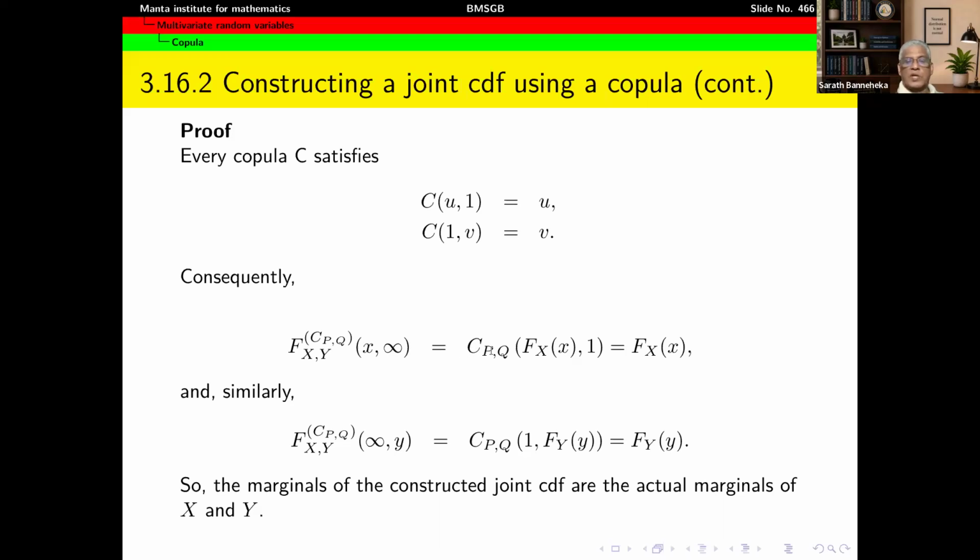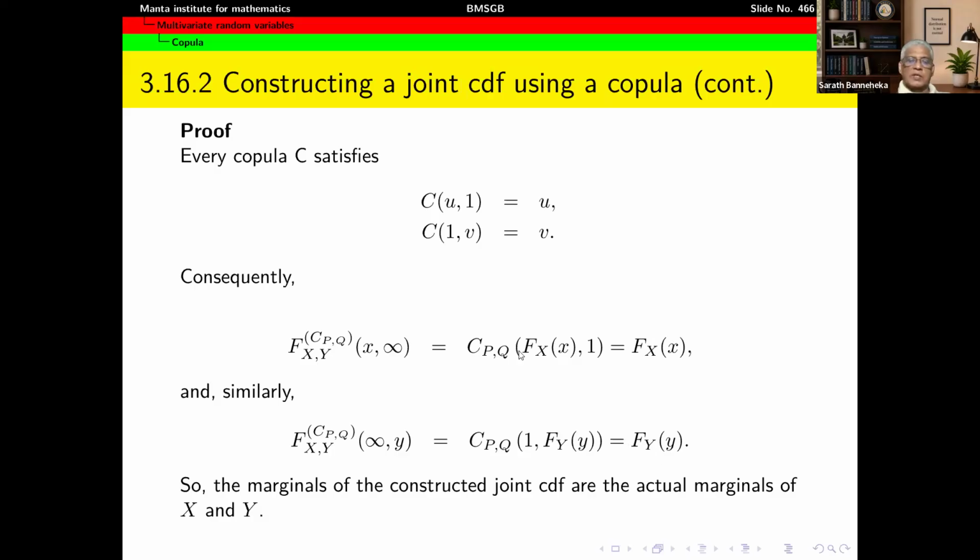Therefore, let's calculate it and let the second argument equal 1. The answer should be the first argument, Fx(x), coming from putting infinity for the second value. And putting 1 in the copula is equivalent to putting infinity in this expression for the first argument, and this is equal to Fy(y).